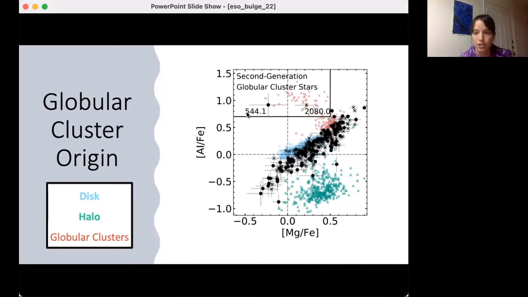But then we have these two stars up here, which are showing very elevated aluminum values for their given magnesium abundance. That is an indication that they are second generation globular cluster stars. One of these stars, marked with the X, is actually a halo interloper, while this one is a confined bulge star, so it has an apocenter less than 3.5 kiloparsecs.